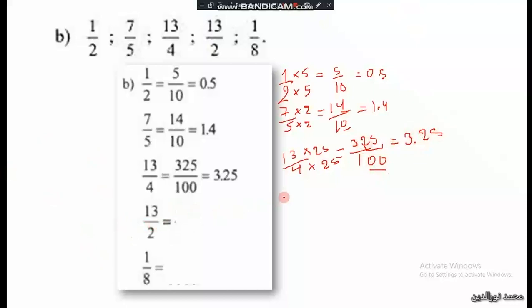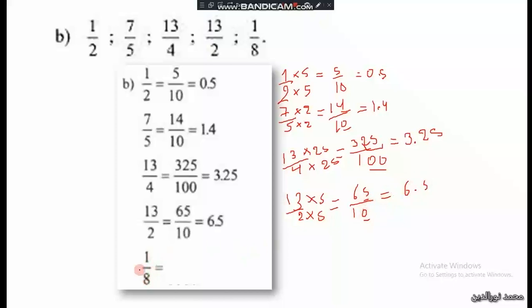So in this case also we have 13 over 2, so it's multiplied by 5. So here we have over 10, here we have 50 plus 15, that means 65, so it's 6.5 since we have one decimal digit.